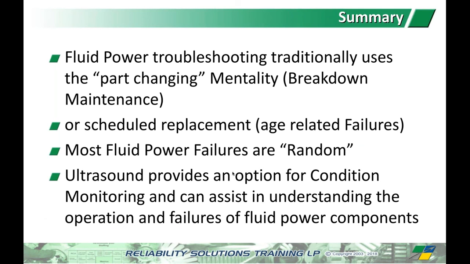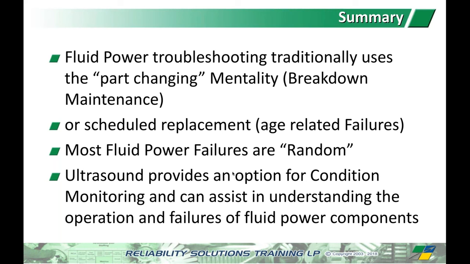So to summarize what we've talked about, the traditional method for troubleshooting fluid power has always been to change parts till the problem goes away. Or we do some kind of scheduled replacement where we replace all the directional valves once a year.